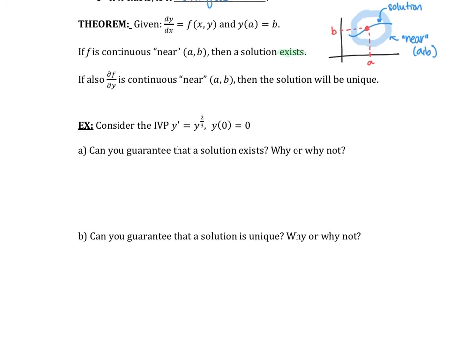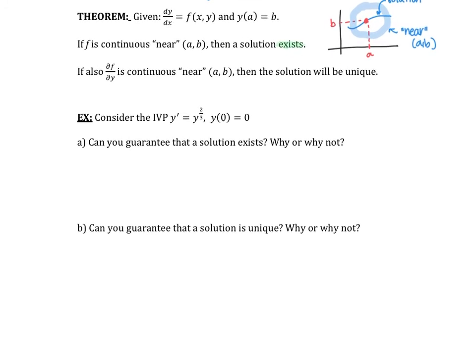So let's look at an example. Let's consider the initial value problem that says y prime equals y to the 2/3 power, and it gives us the initial value of y of 0 equals 0. I want to know, can we guarantee that a solution exists? And why or why not?